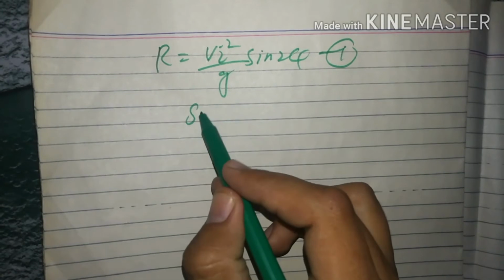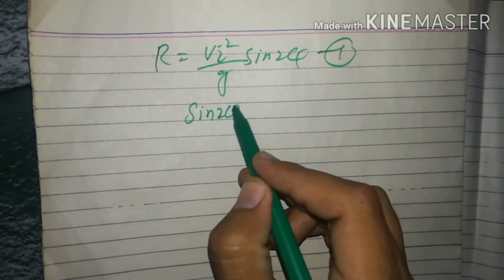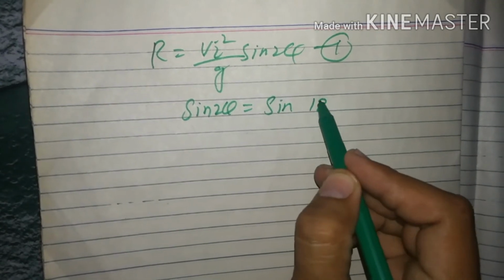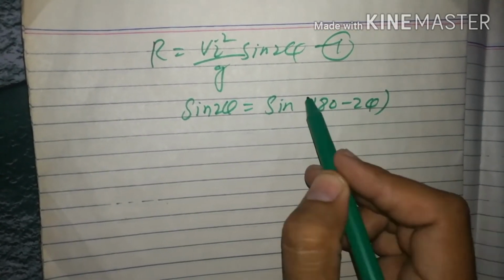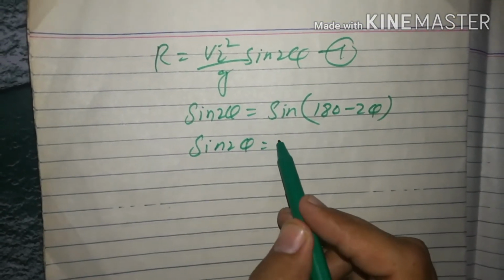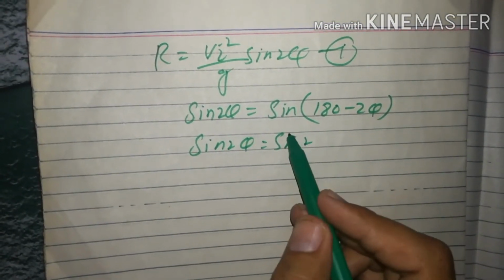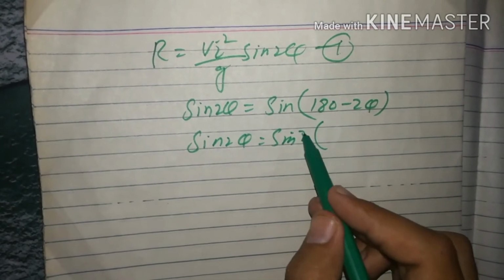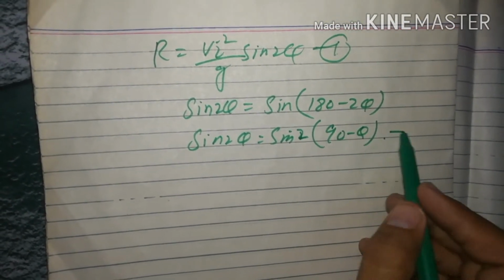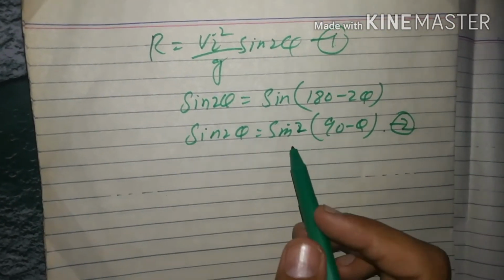And sin 2 theta is equal to sin 180 minus 2 theta. Okay, sin 2 theta is equal to sin, taking 2 common, 2 into 90 minus theta. This is equation number 2.